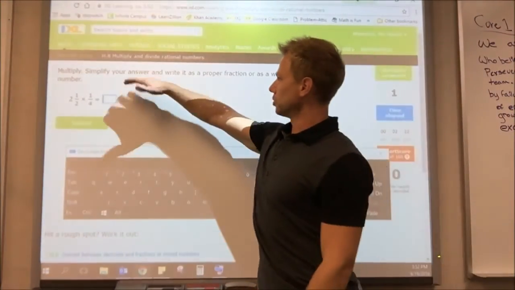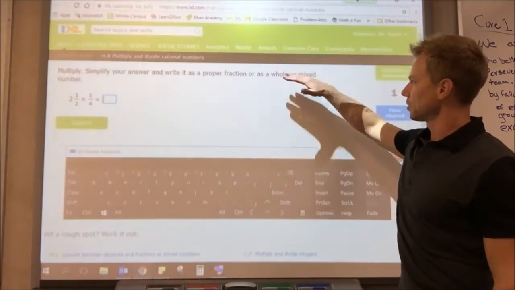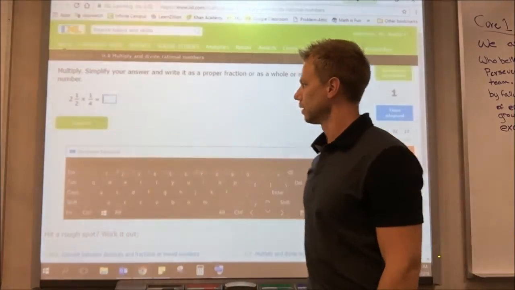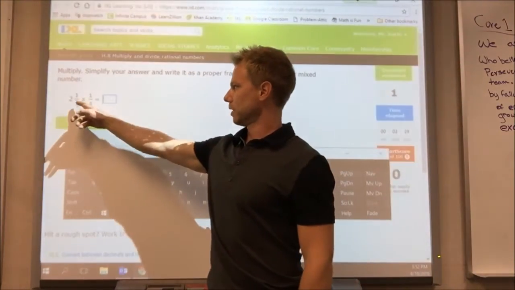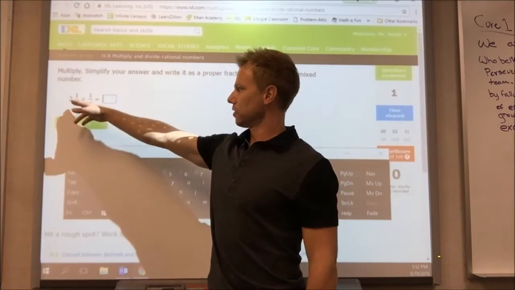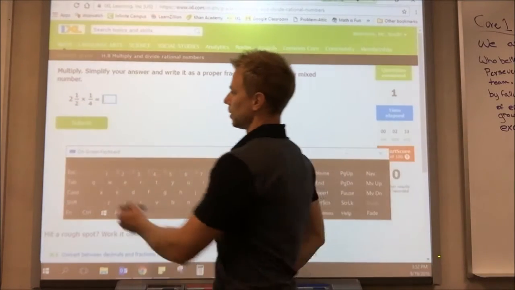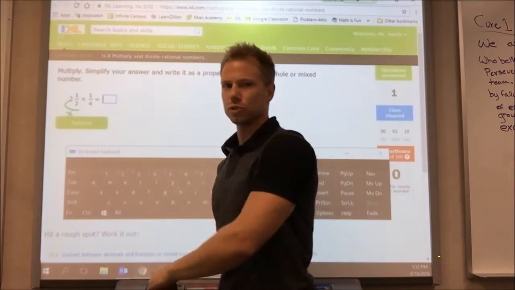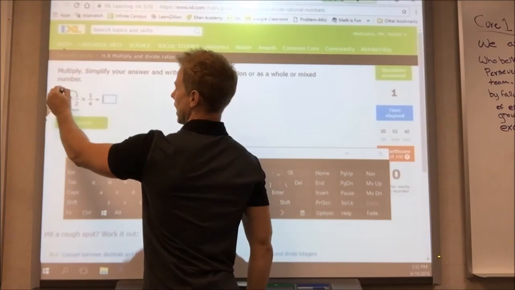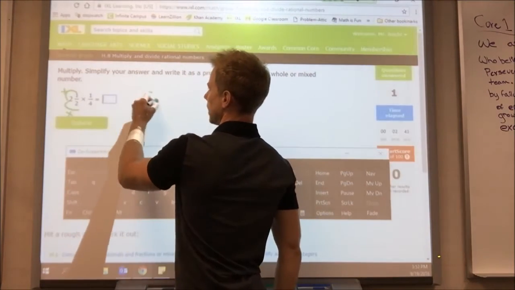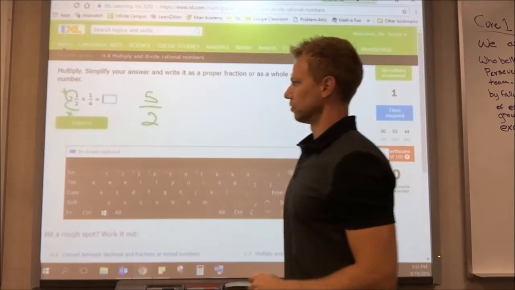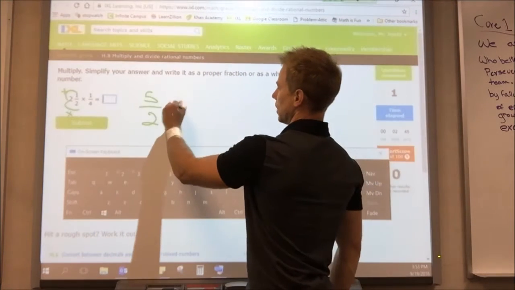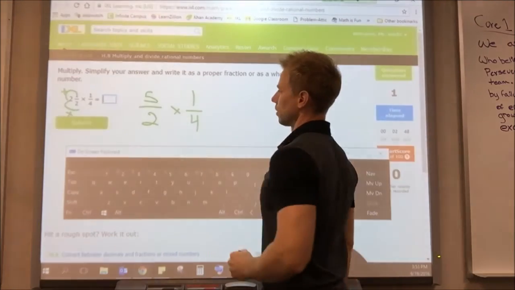All right, we need to multiply and answer as a proper fraction, whole number, or a mixed number. So when I see this, I have a mixed number and a fraction. First thing I want to do with that mixed number is rock around the clock. So I multiply 2 times 2, which is 4, and then I add 1, which is 5. So that becomes 5 over 2, and I multiply that times 1/4.